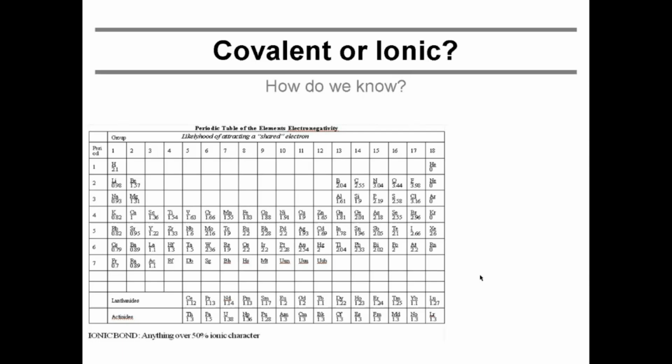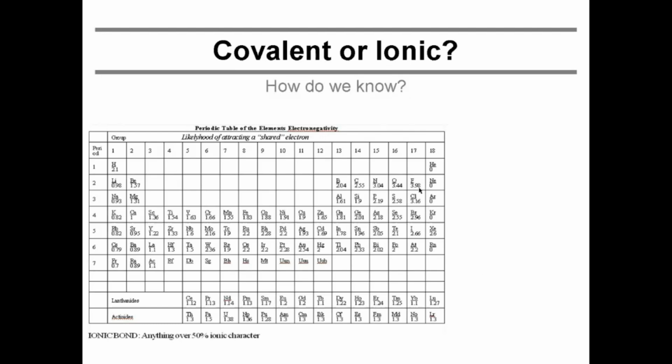It's something they measured. And what is electronegativity? Electronegativity is the likelihood of attracting a shared electron. In other words, the higher the number, the more likely it is for them to grab an electron from somewhere else and hold on to it.